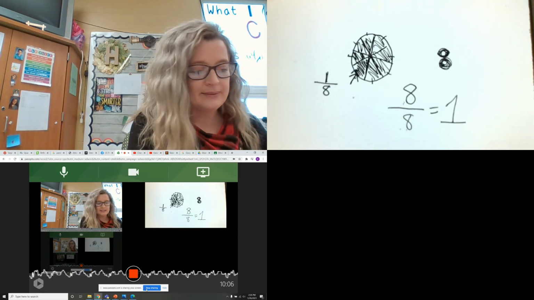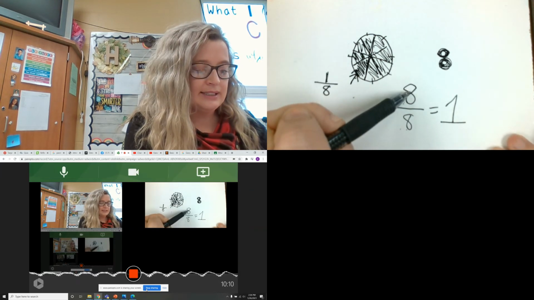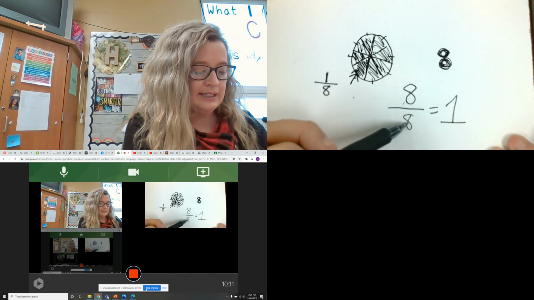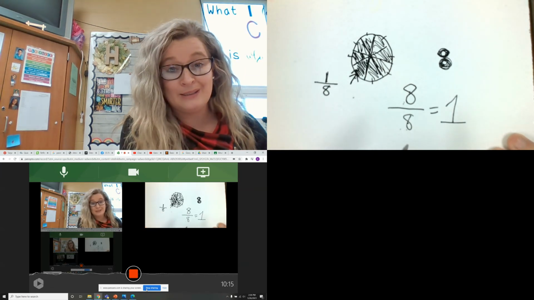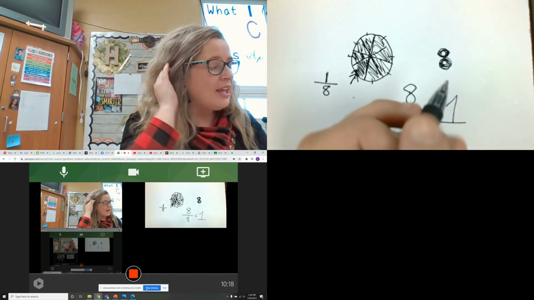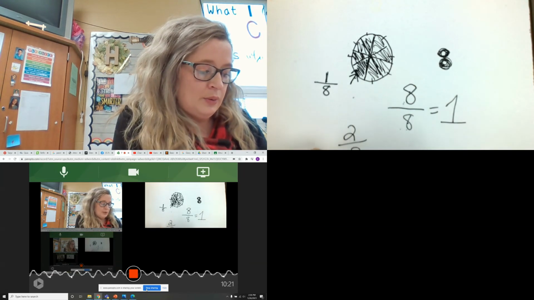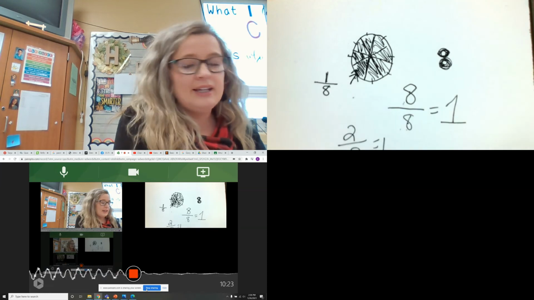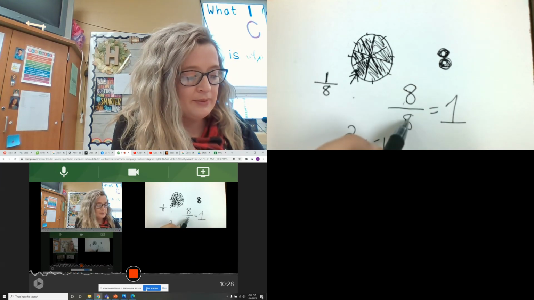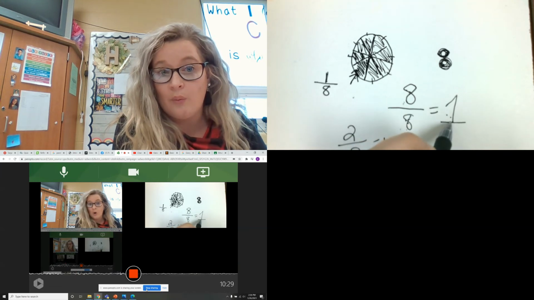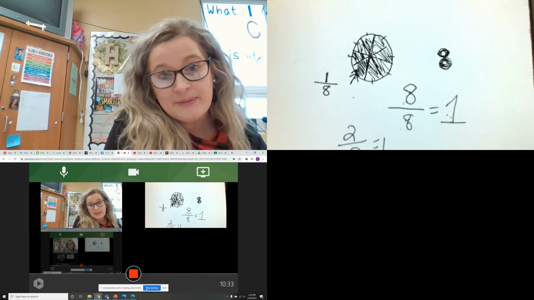Does that make sense? Because if I ate all the pieces and there was only 8 pieces and I ate 8 pieces, I'm getting pizzas and pieces mixed up. It equals 1. So 2 over 2 would equal 1, like in any other type of questioning. So whenever a number is over top of itself, it equals one whole. Okay? That's our little tidbit for today.